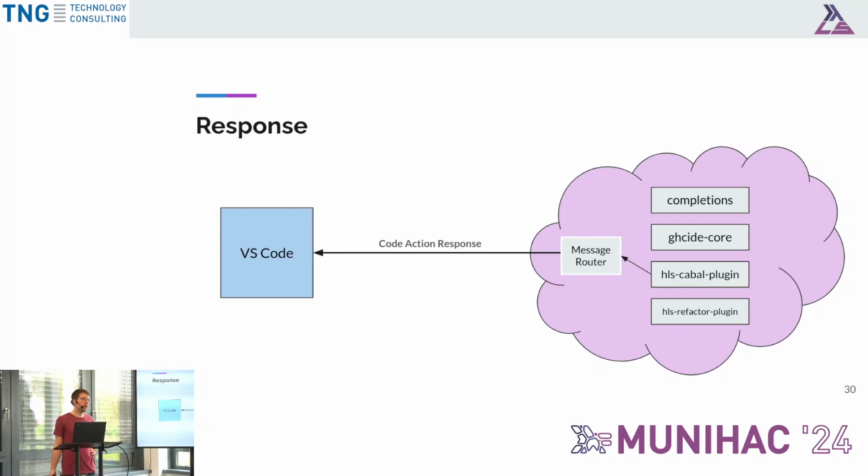But some other requests actually do have some kind of priority system, or there shouldn't actually be more than one response. So take, for example, when VS Code asks us to format a source file, then there shouldn't be multiple plugins responding, okay, you can format it either this way or this way. That would be detrimental to the overall UX.